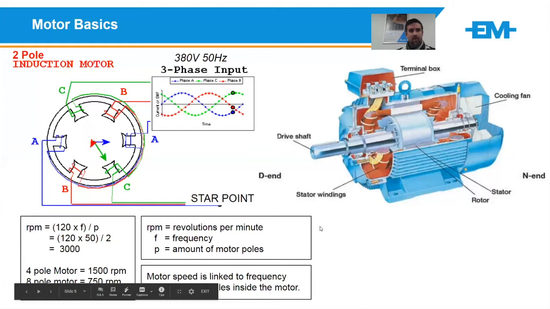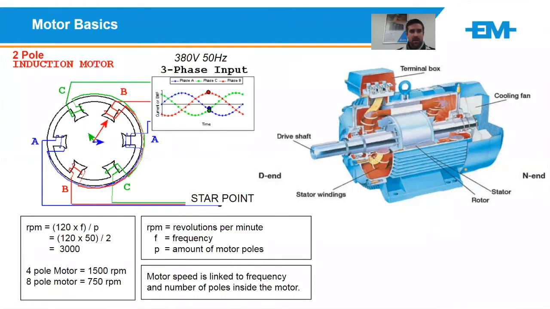It's a very simple formula to work out the speed of a motor. It's basically 120 times the frequency of the rotating phases divided by the pole pairs of the motor. So obviously looking at the basic formula there, you can see by changing the frequency, we can control the speed of that motor. So by changing the F component, the frequency, which is exactly what the variable frequency drive does, we're able to control the speed of that rotation.